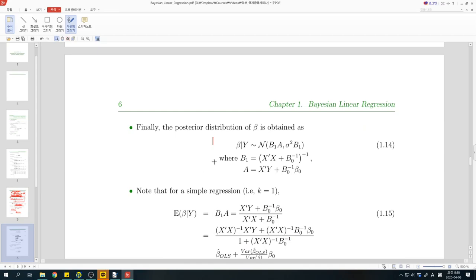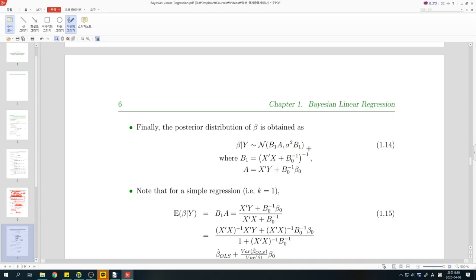So finally we have the solution. We have the Bayesian estimates of beta, or we say the posterior distribution of beta. Beta given y follows this normal distribution. Its mean is b1 times a, where a is defined as x prime y plus b0 inverse beta 0, and b0 is given. So b1 times a is the mean, and the variance covariance is sigma squared times b1.